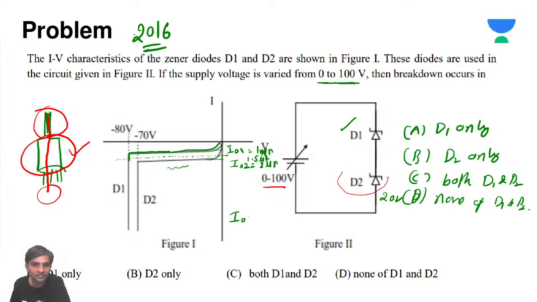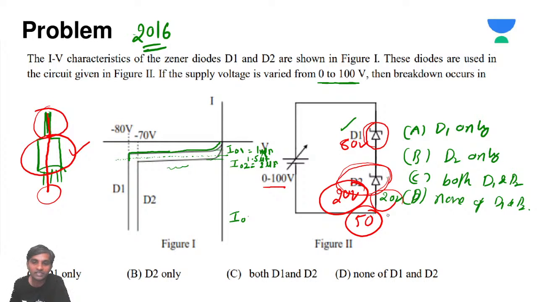Diode D2 is reverse biased, but the breakdown is already occurring for diode D1. To make diode D2 break down, we need 20 volts here, because 80 volts is occupied by this one, and you will have 20 volts here. So how much extra voltage is required? If you apply another 50 volts, then diode D2 will also break down.